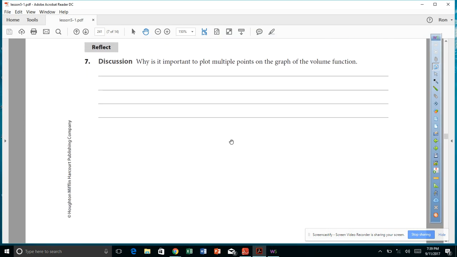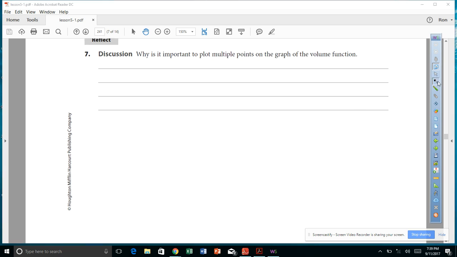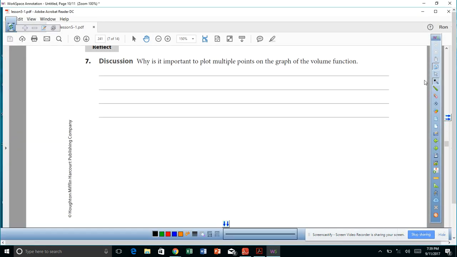Discussion. Why is it important to plot multiple points on the graph of the volume function?